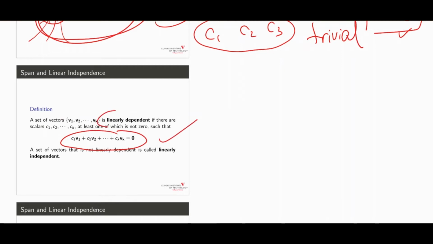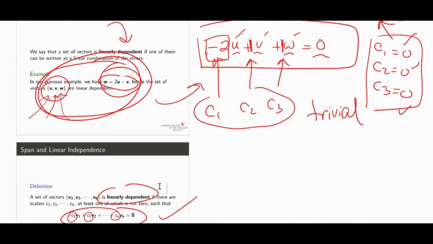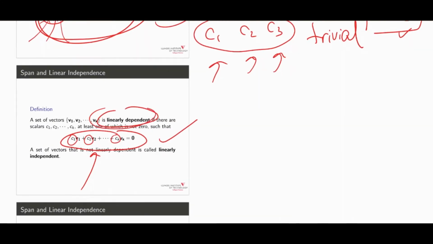For example, like here, they don't have to be all 0. So when that happens, you say that those vectors are linearly dependent. They have some kind of relationship when the scalars are not all 0, and you can still make the 0 vector.